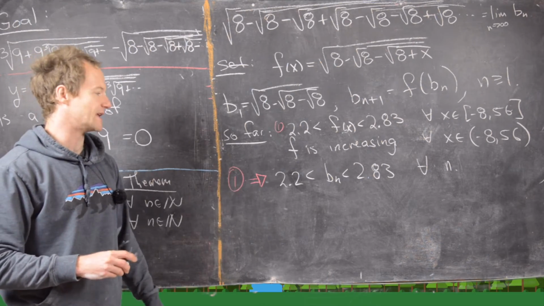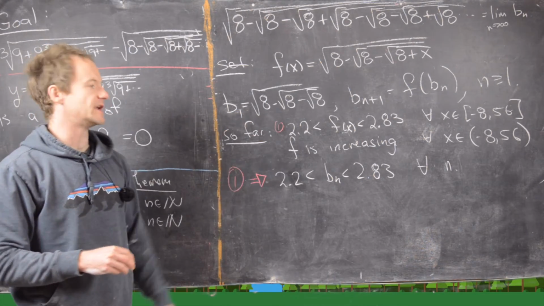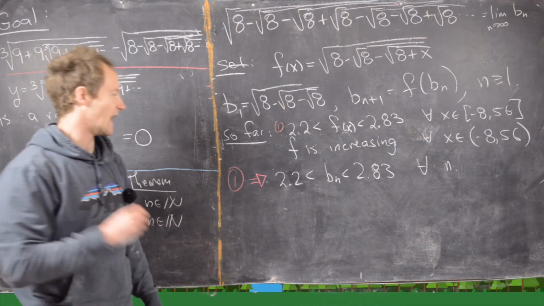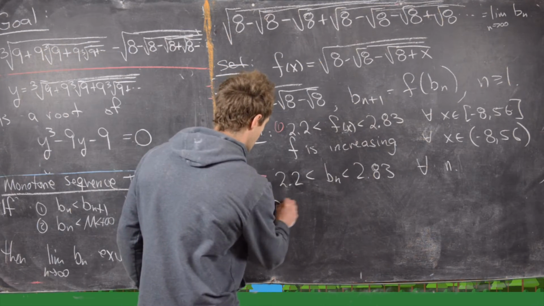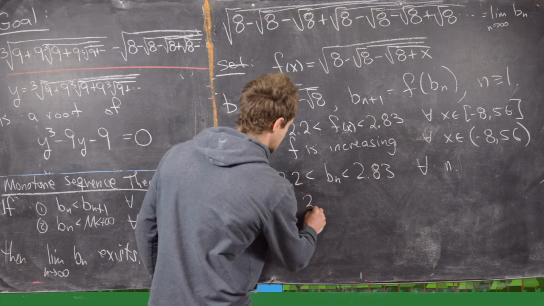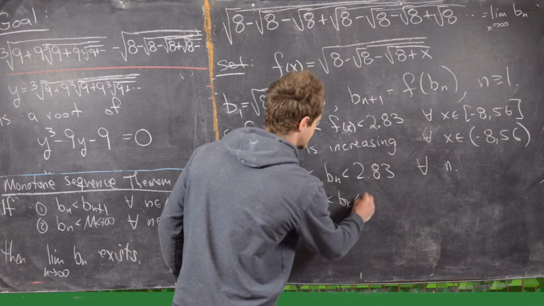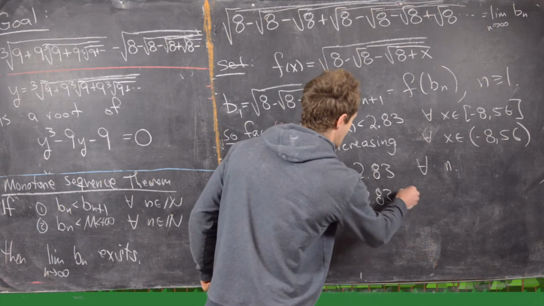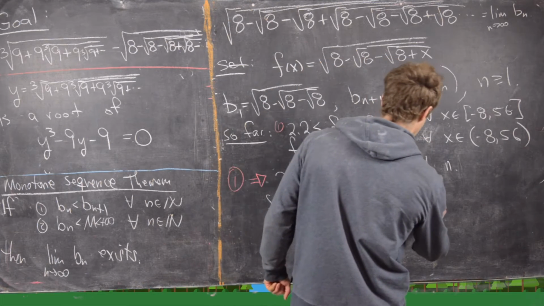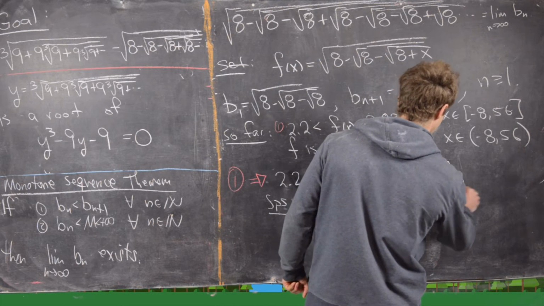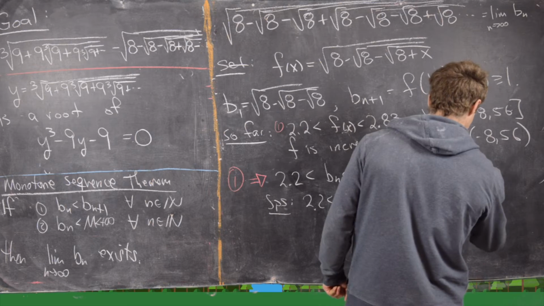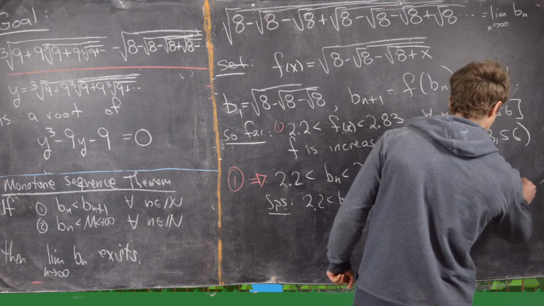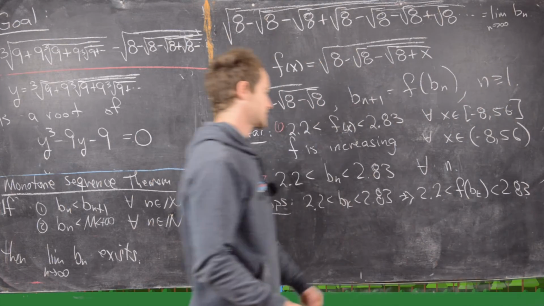We could do that by induction. Notice that B1 is between these two numbers, and then if we suppose that Bk is between these two numbers, then that implies that f of Bk is also between those two numbers.